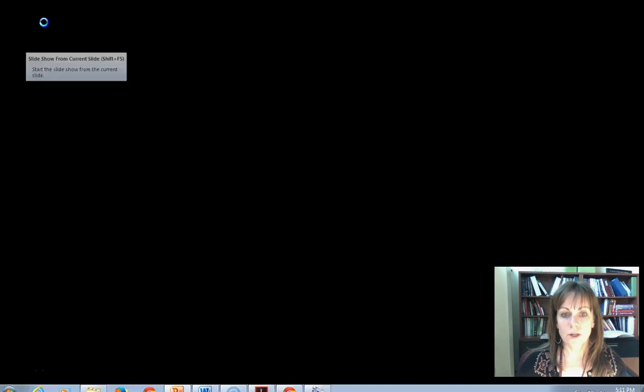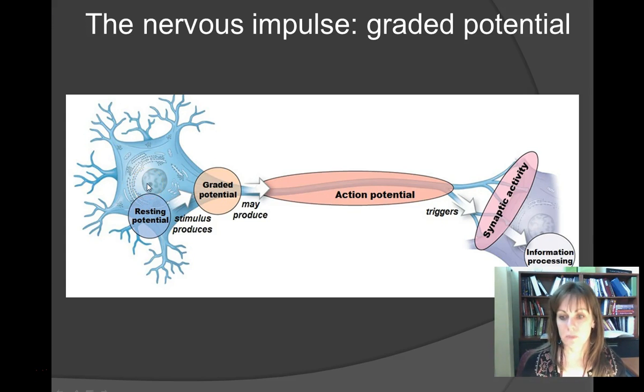Okay, now what you also need to know about graded potentials, you'll notice that here they're drawn right here. And that's because this is where graded potentials occur. They're going to be occurring on the cell body or particularly in that axon hillock area. Now why do they occur there?